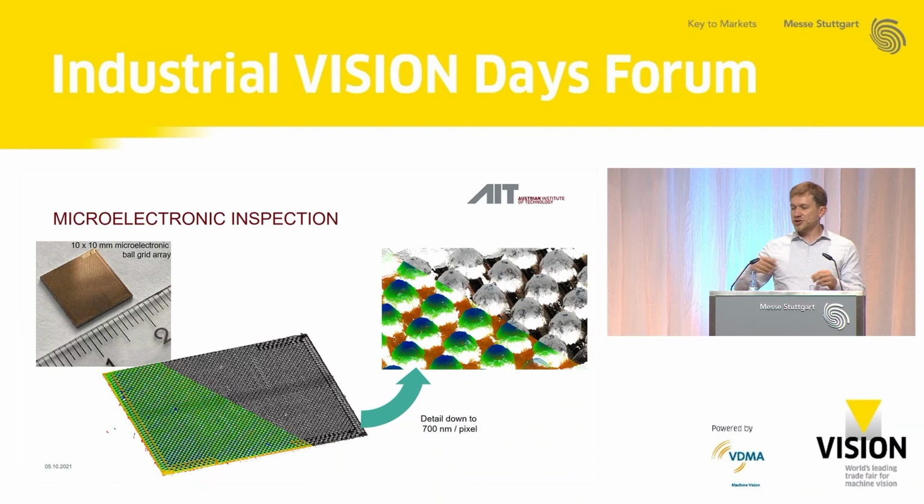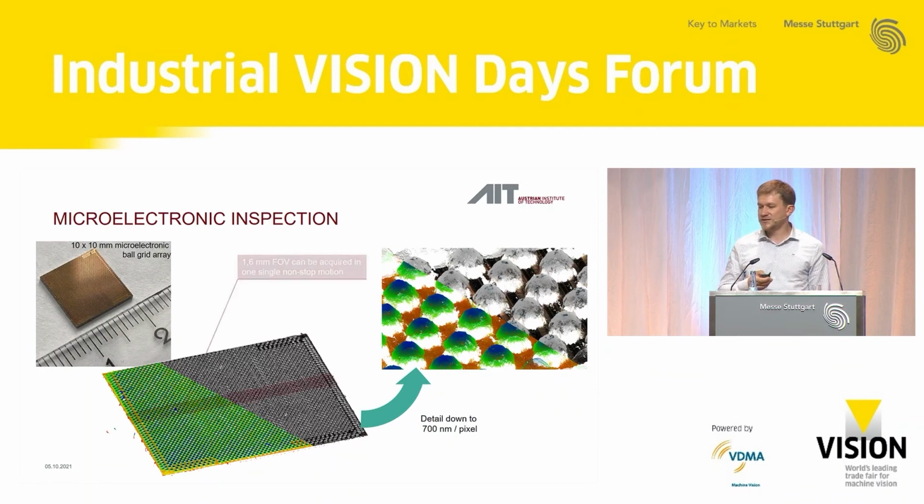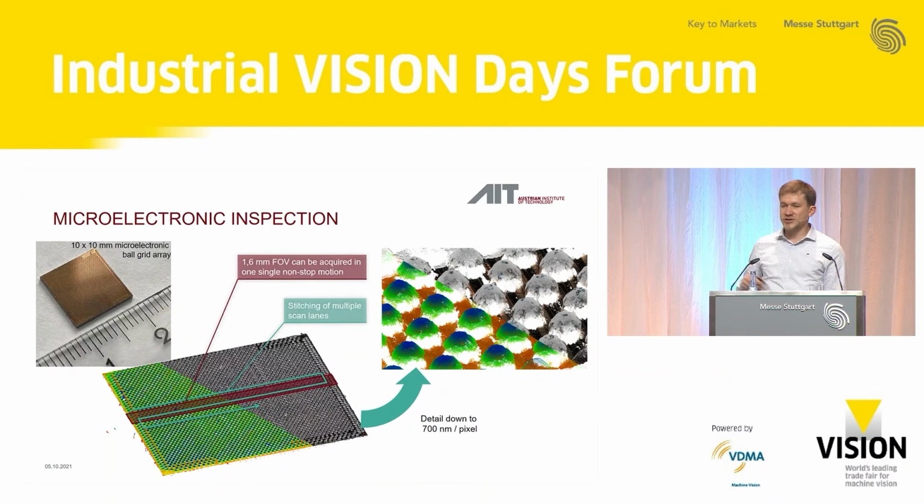But as our acquisition process is that fast, we can actually scan this object in different lanes and stitch them together. So this is the field of view which you would acquire in one single acquisition process, in one single linear motion. And if you now do a scanning process in this direction, then you can easily stitch a larger field of view. And then you can see all these small details.